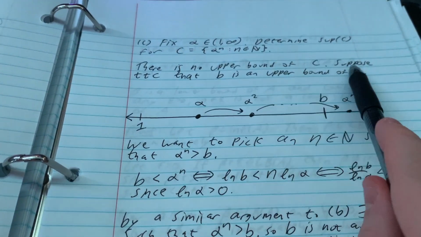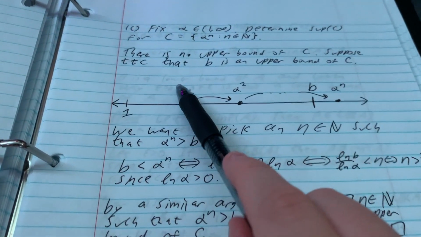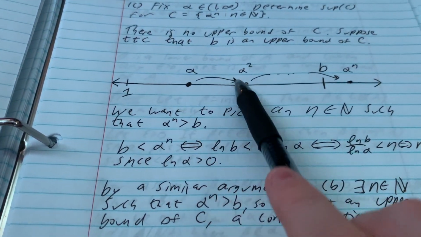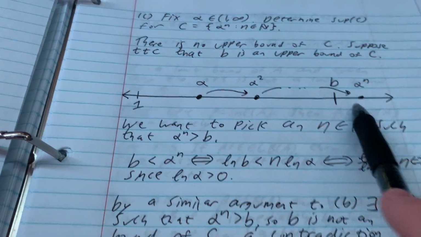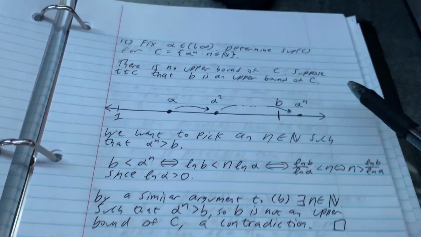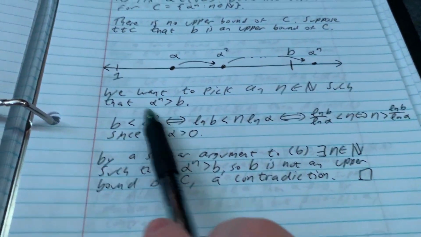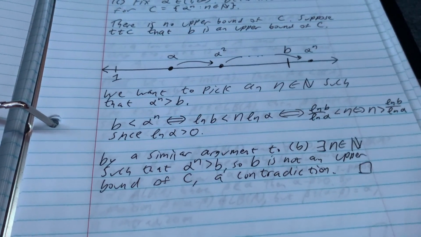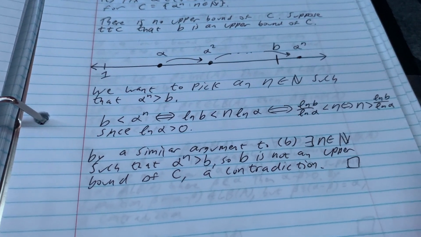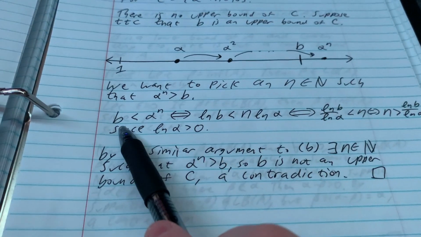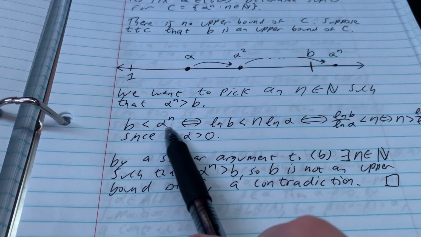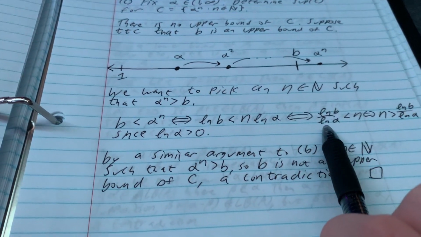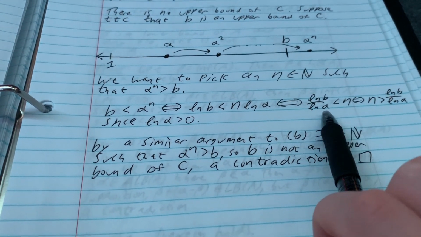For the proof, suppose to the contrary that b is an upper bound of C. I drew a similar picture here. If alpha is greater than 1, you can keep multiplying it by itself until eventually we get to be bigger than b. And that's going to contradict. We want to pick a natural number such that alpha to the n is greater than b, which means b is less than alpha to the n, if and only if log b is less than n log alpha, if and only if log b over log alpha is less than n.